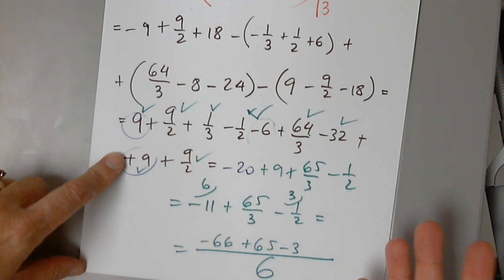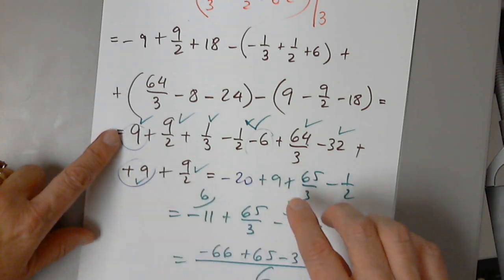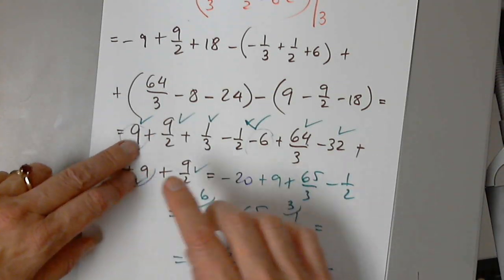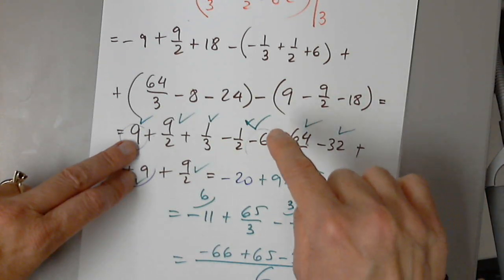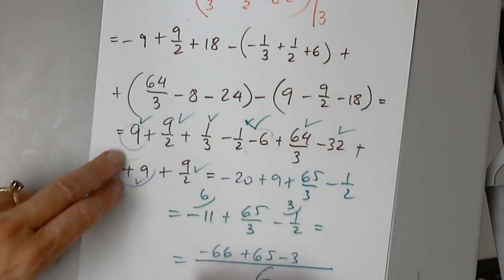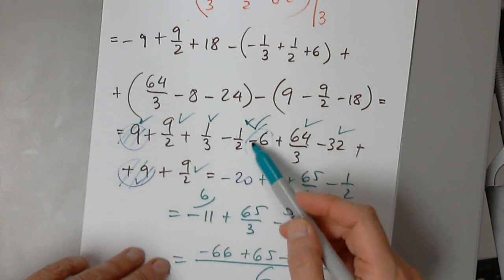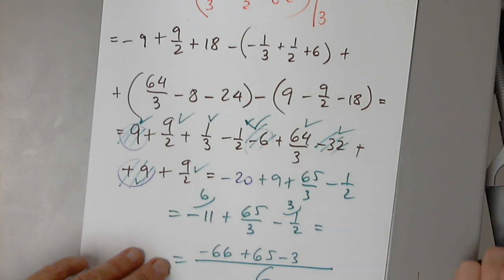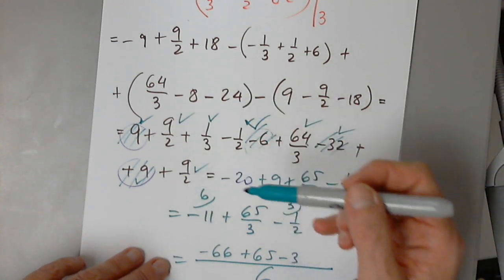so then what did I do? So 9. So I had 9 plus 9, 18. 18 minus 6 is 12. Negative 32 plus 12 is negative 20. Correct? So then these are done. Then I have 9 halves plus 9 halves, which is 18 halves divided by 2, which is 9.